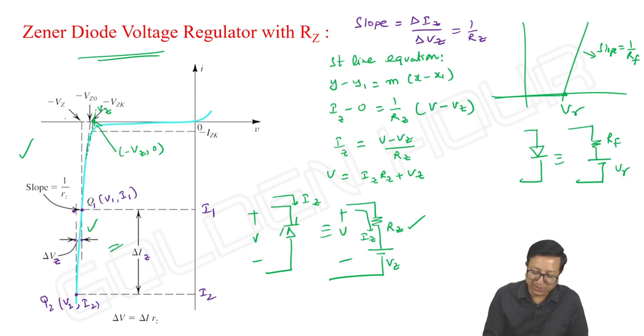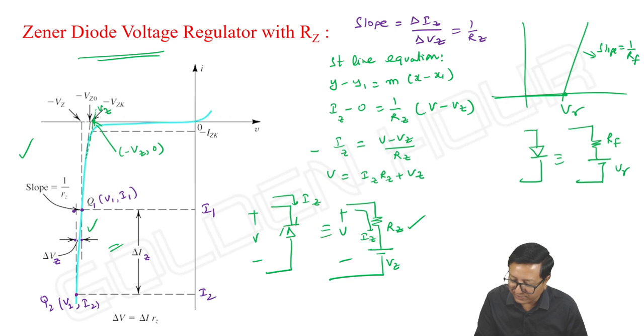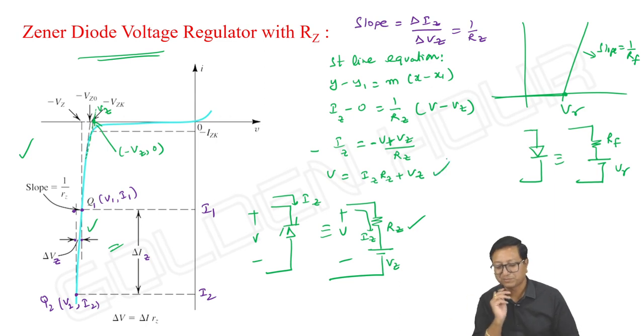Actually we are plotting these characteristics in the third quadrant, which means strictly speaking I should write minus here and plus here. In that context also we get the same result. V also becomes negative, right? If V is negative, then you can see the results, and you will get the same equation.